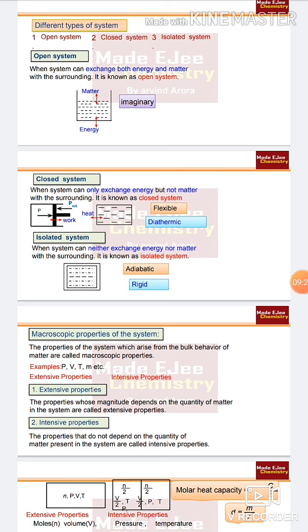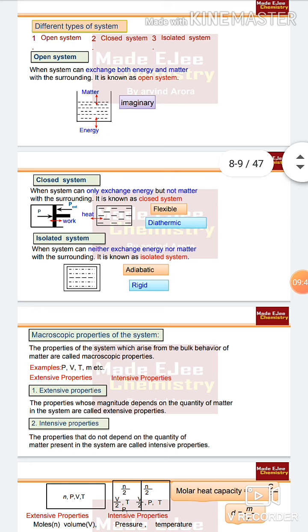Let us explain it one by one. The first one is open system. The system in which the matter and energy are exchanged with surrounding is called an open system. That means in this case the matter as well as energy is exchanged with surrounding.